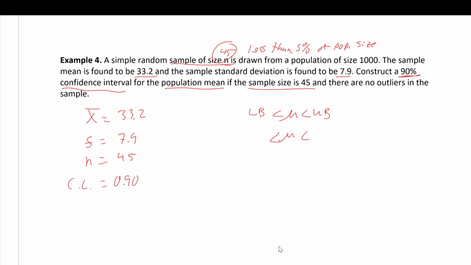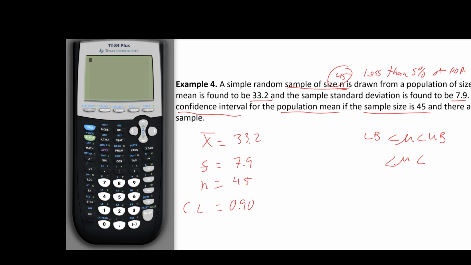Again, let's switch over to the calculator. We go to the stat menu, over to test, over to T interval. This time, since they give us summary statistics, we go to stat inputs. They're asking for your x bar, so I'm going to clear everything out. We have 33.2.